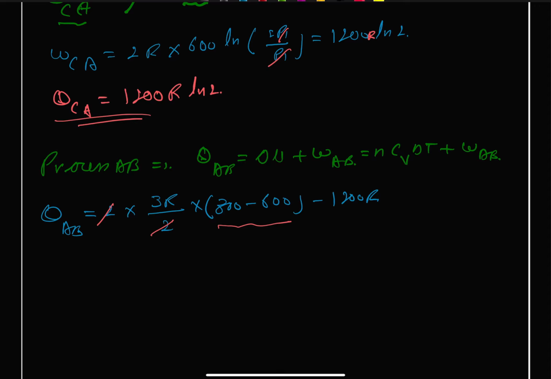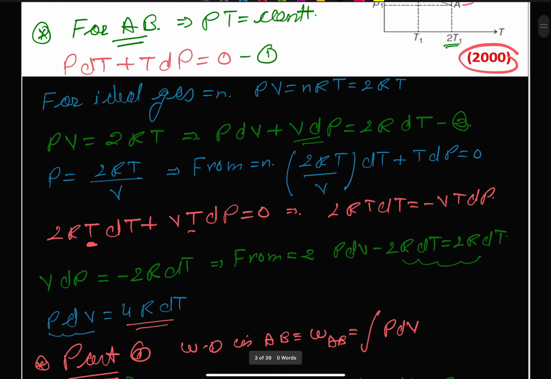Therefore we can say that QAB will be equal to minus 900R minus 1200R, giving us minus 2100R. I think these are the only things which were required.